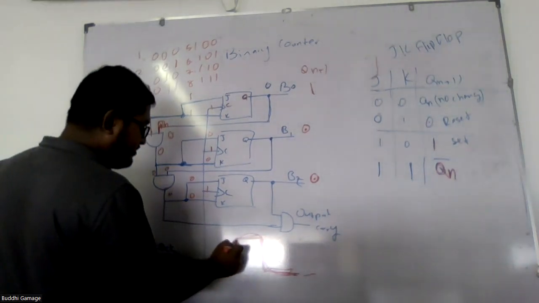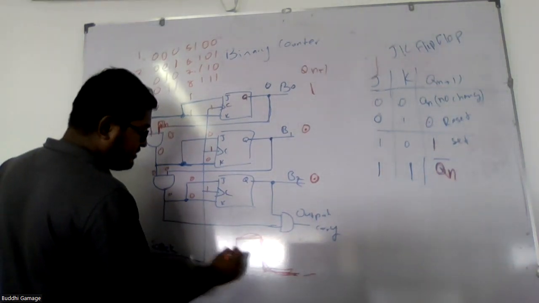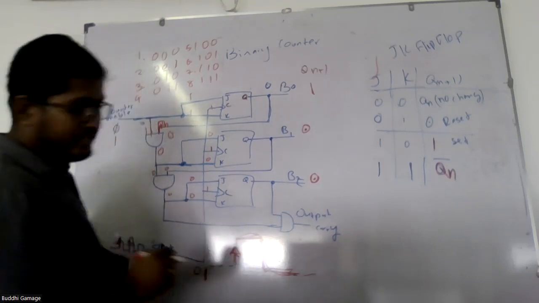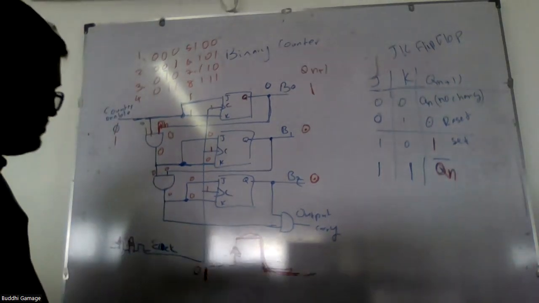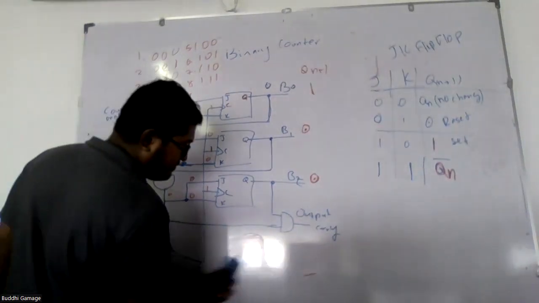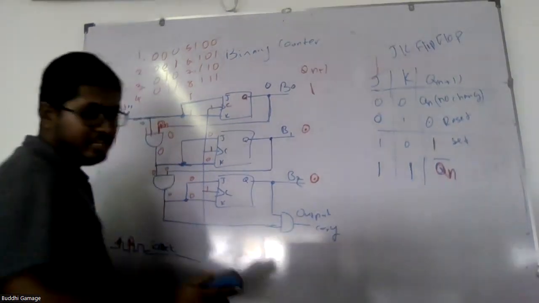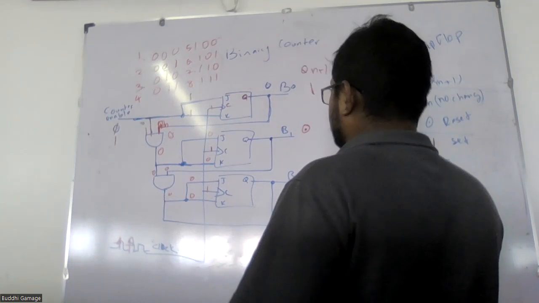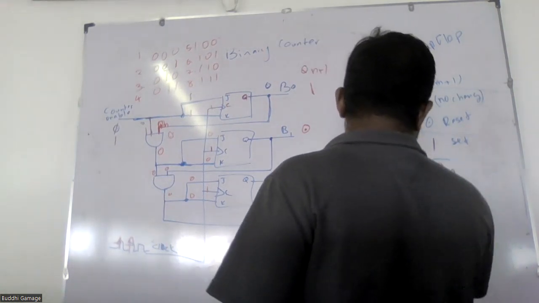Only the values are going to change where the clock rising happens. So when the clock rising happened, to draw the timing diagram for this one, both J and K were high.